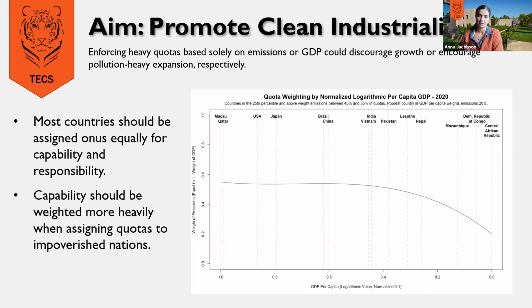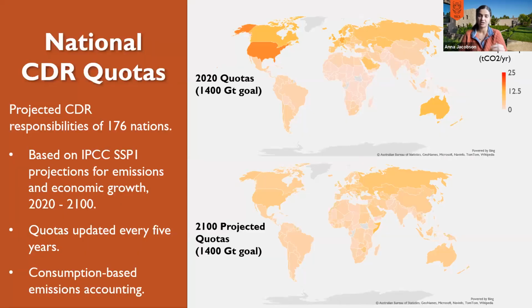The bottom countries in terms of GDP per capita are scored more heavily based on GDP, just to make sure we don't overburden them. If we look at maps for 2020 and 2100 for our quotas, we wind up seeing that CDR is more evenly spread out in the year 2100. And we'll describe in a couple of moments a CDR trading framework that we established in order to allow that to happen, as quotas are dynamically adjusted every 5 years.